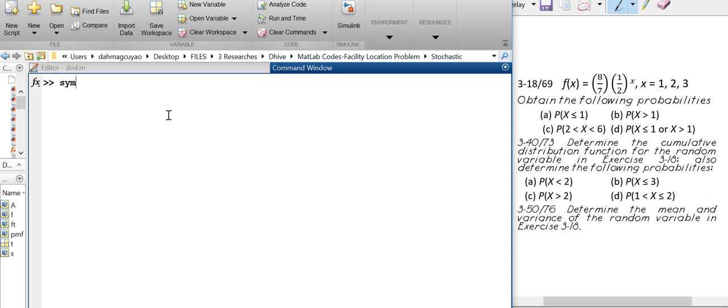So first, we define a symbolic variable. We define x, the random variable x, and then the probability mass function f of x.